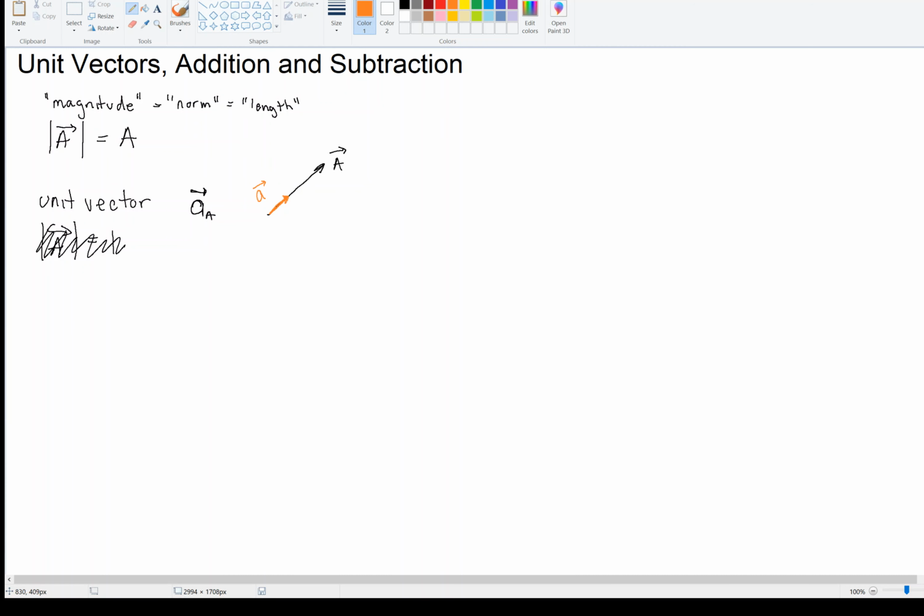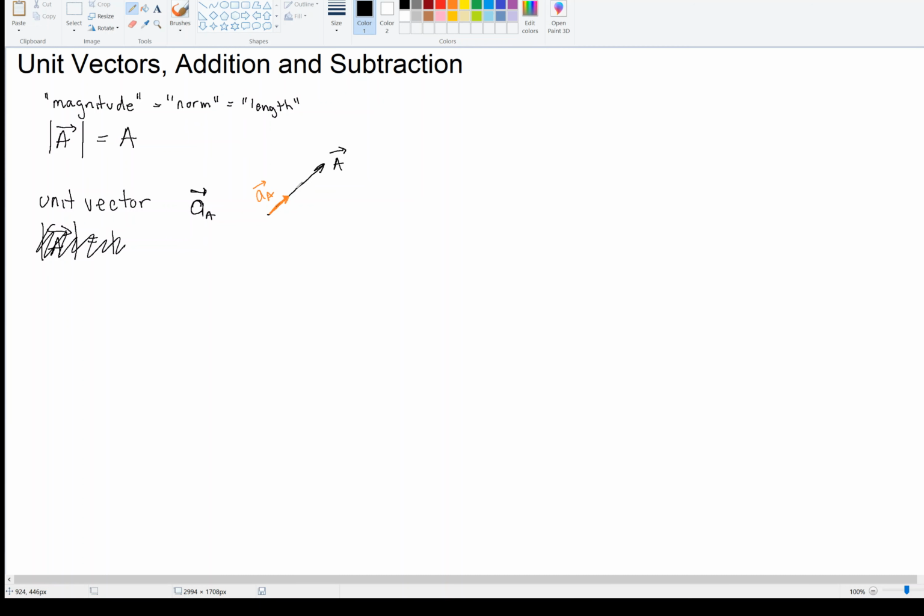So we're saying that has a unit length, the length of 1, and we're going to use the lowercase a to represent a unit vector, and it points in the same direction as capital A, so we're going to give that a subscript A. So that's what our notation is telling us here. Okay, a unit vector that points in the same direction as capital A. We'll always use that notation, lowercase a, for unit vector.